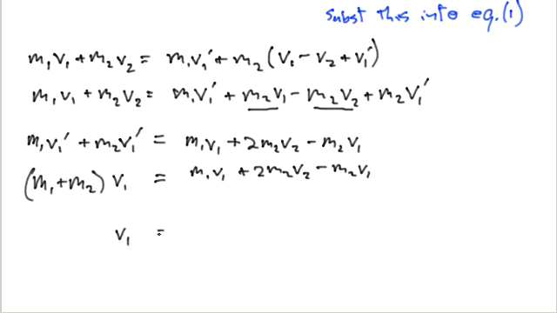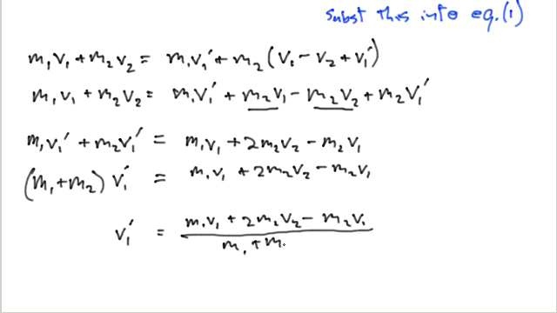So V1 prime equals what I just had written: M1 V1 plus 2 M2 V2 minus M2 V1, all divided by M1 plus M2.